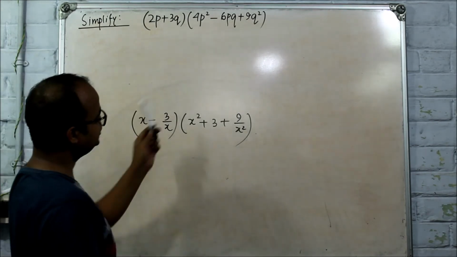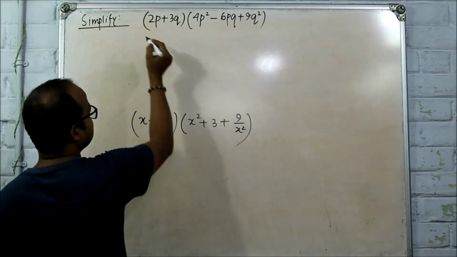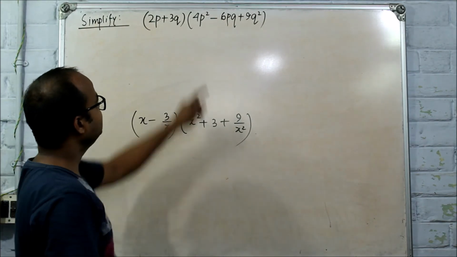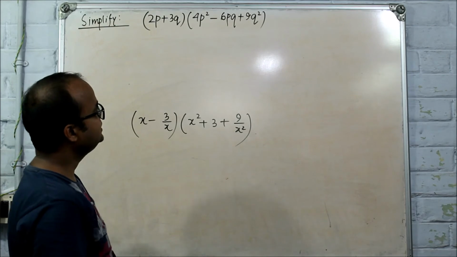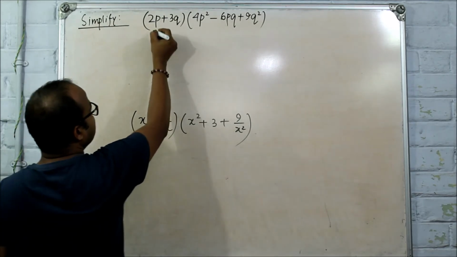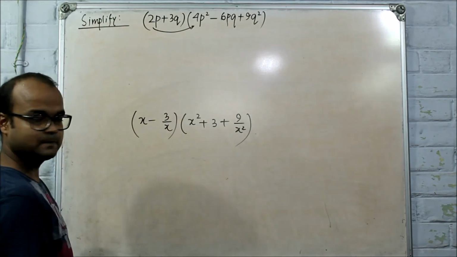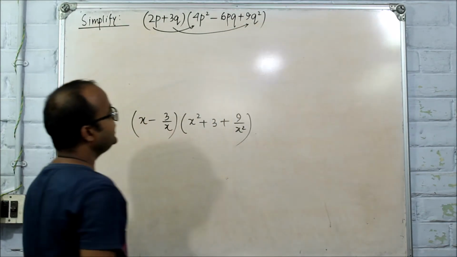Let us take these two sums. Now if you see this sum, 2p plus 3q multiplied by 4p square minus 6pq plus 9q square. 2p square is equal to 4p square. 3q square is 9q square.